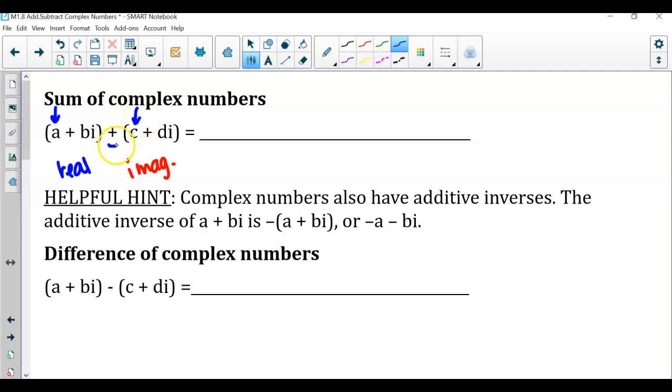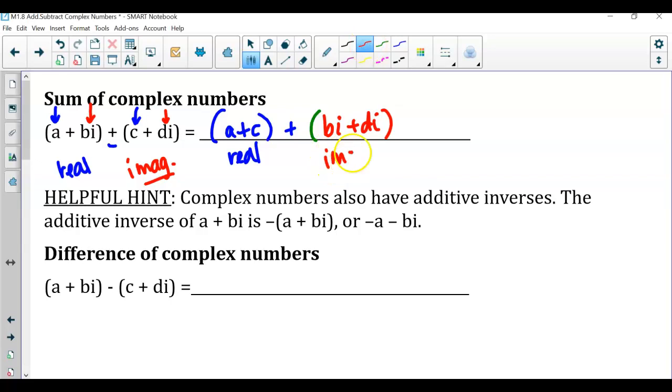So that means we would add a plus c together, right? Plus, then you would add together the imaginary parts, which here are bi plus di. So notice how you are combining like terms. You need to keep the real together and identify and combine your imaginary parts together.